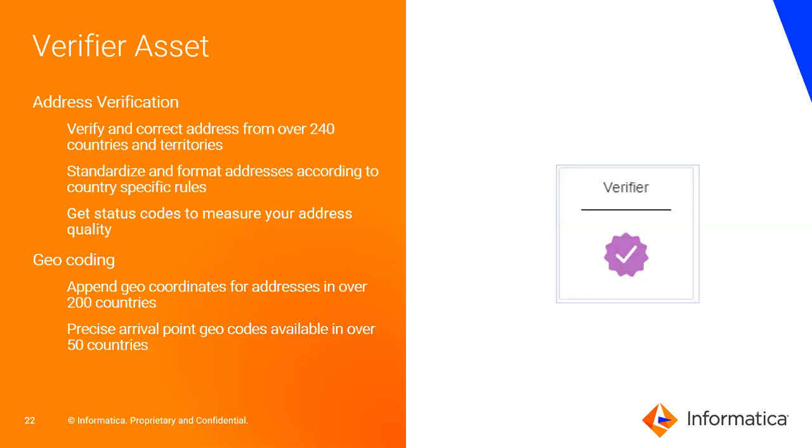So we have a wide range. We have many customers availing this option. And apart from formatting the addresses, you would be able to get the status codes, and get the match probability on how good your address verification is.